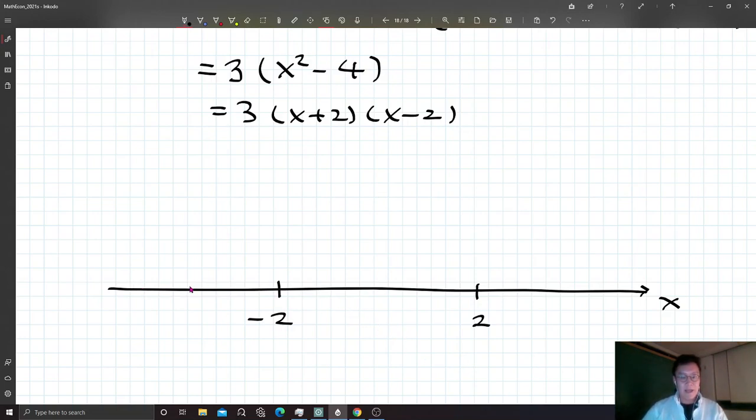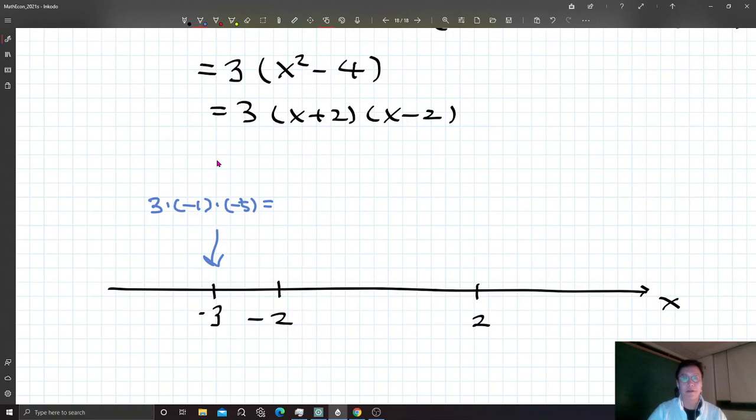So whenever x is lower than negative 2, say negative 3, if we examine the sign of the derivative at negative 3 by substitution, then the derivative takes the value 3 times negative 1 times negative 5.